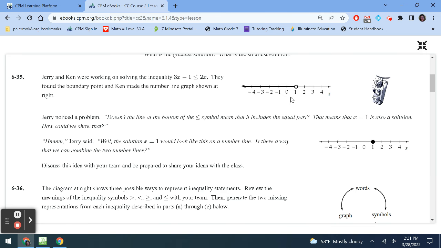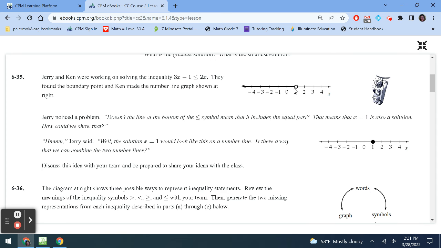Is there a way that we can combine the two number lines? What do you think? How can we combine those two number lines? Some students told me that we could draw in or shade in to the left on this one.